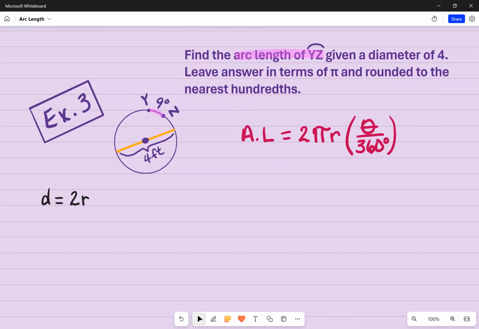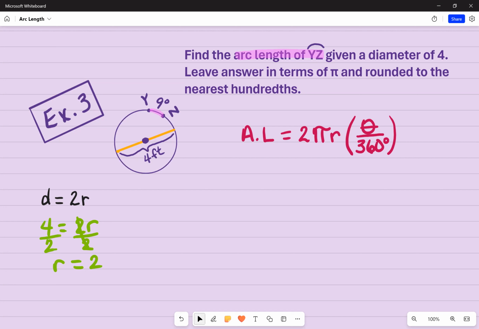Therefore, my formula is going to be D is equal to 2R. I'm told that the diameter D is 4. And I know it takes 2 radii to make up that diameter. So to get the radius by itself, I'm going to divide both sides by 2. And now I see that my radius is also 2.